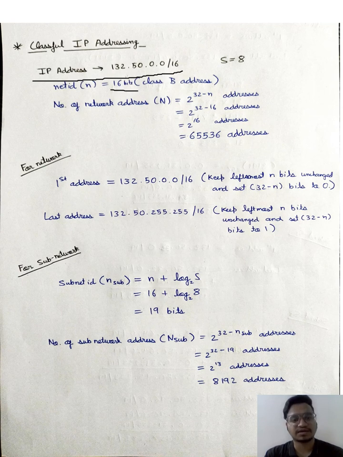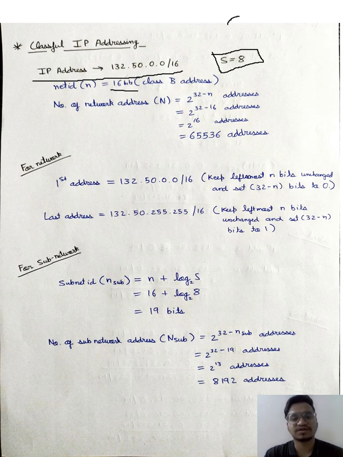Here, this S represents the number of subnets in the network, and the number of subnets must always be a power of 2. So in case in any question the number of subnets is not given as a power of 2, we have to take the next closest power of 2.